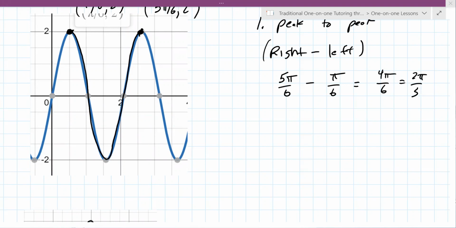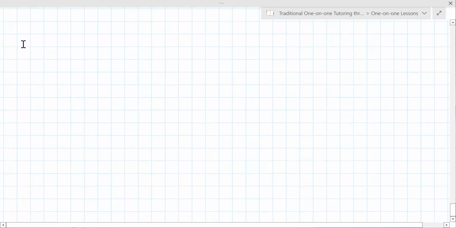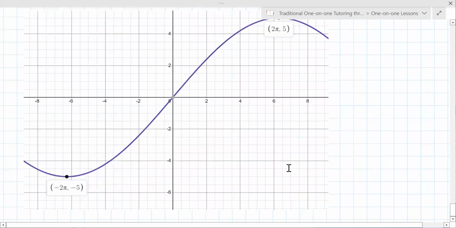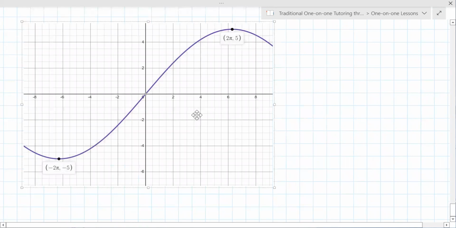I'm just grabbing another snip here. Okay, so sometimes this is the least helpful case. Let's make this a little smaller. So you don't have peak to peak, and you don't have valley to valley.